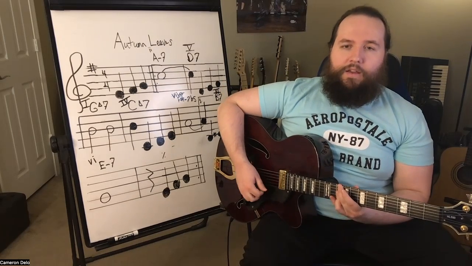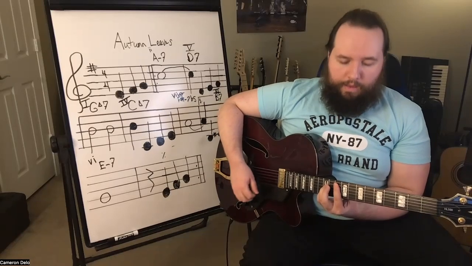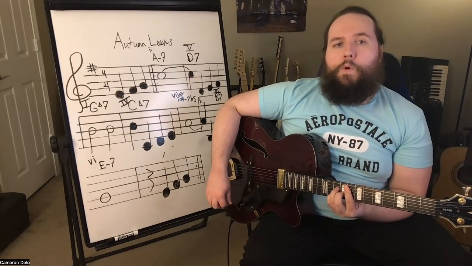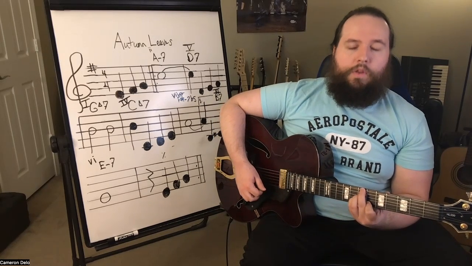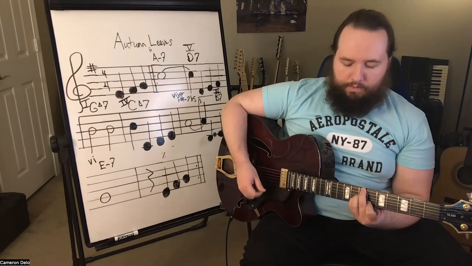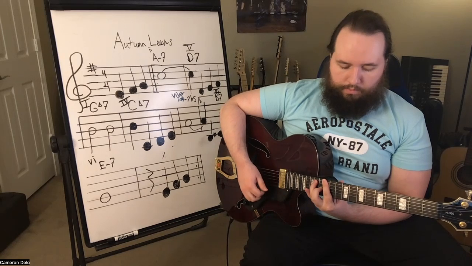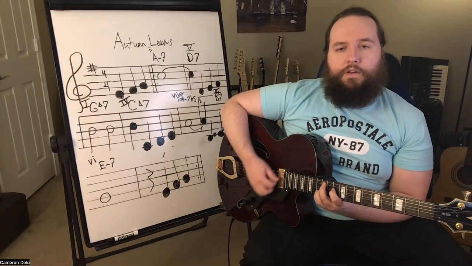So 2 in the key of C major, 5, 1, major 4, half diminished 7, major 3, and minor 6.